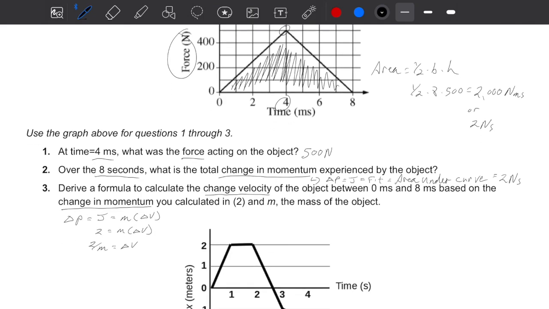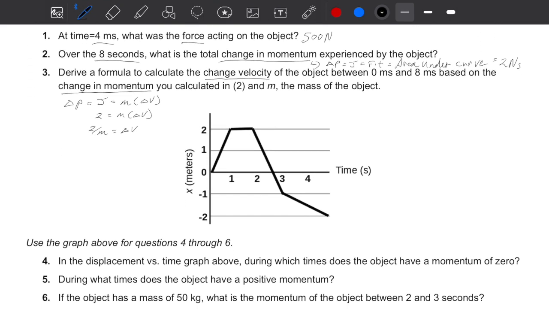So 2 is equal to m times delta V, divide the m over, and we get 2 over m is equal to delta V. Now we have a displacement versus time graph.